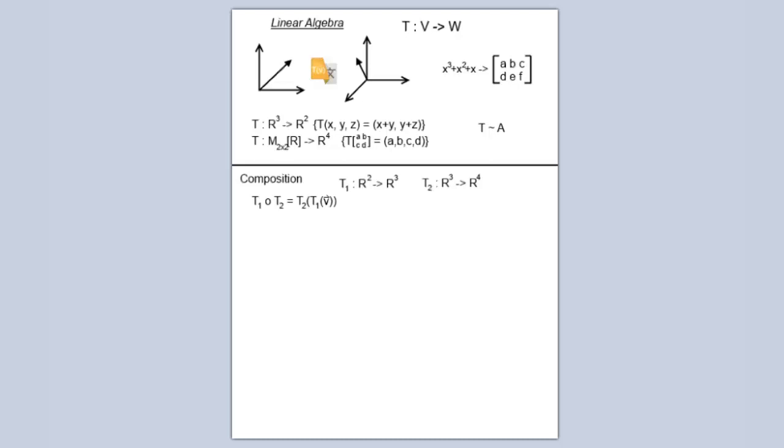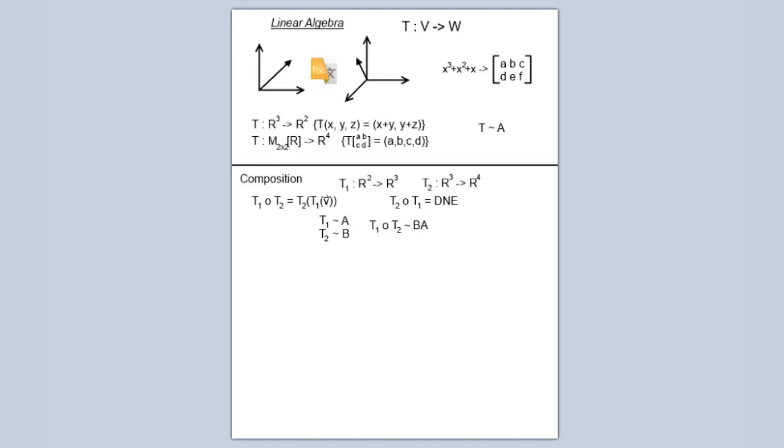If you have a vector V in R2, T1 composed T2 can be described as T2 of T1 of V. So the order of writing the representations is reversed in this description. But T2 is from R3 to R4 and cannot be applied to V, so that does not exist. Compositions are the same as multiplying the associated matrices of each transformation.